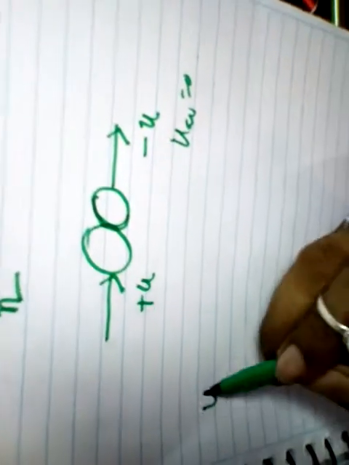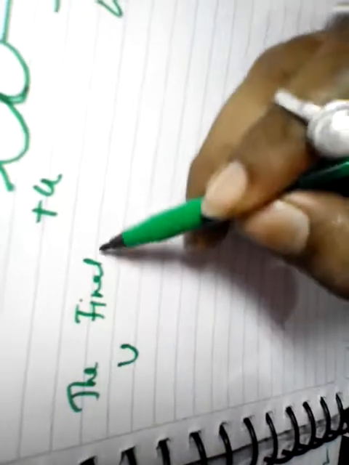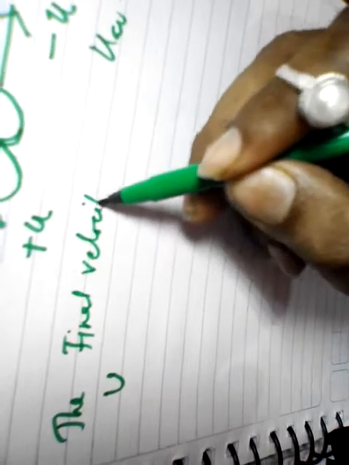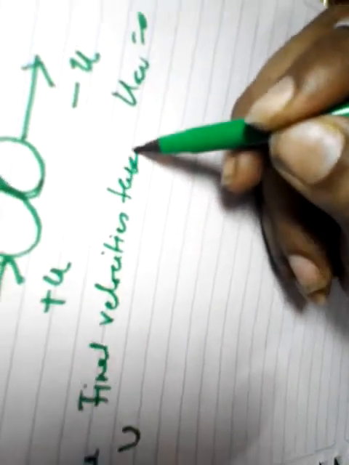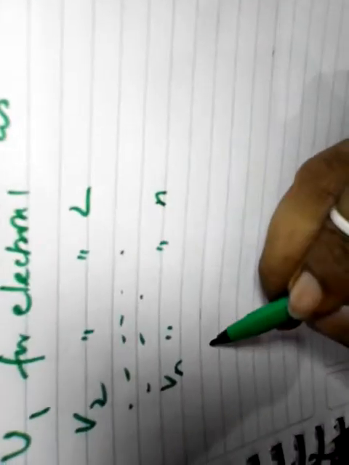Now here, if we consider the final velocities taken as V1 for electron 1, V2 for electron 2, etc., Vn for electron n, under this case, what will happen?